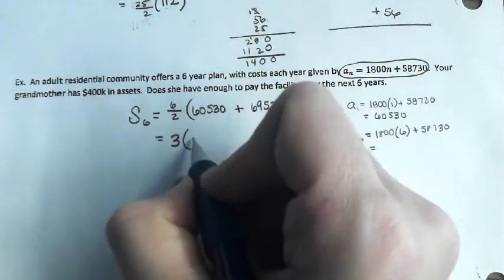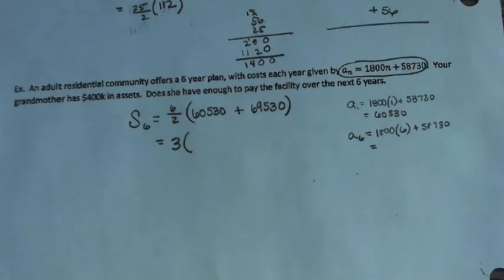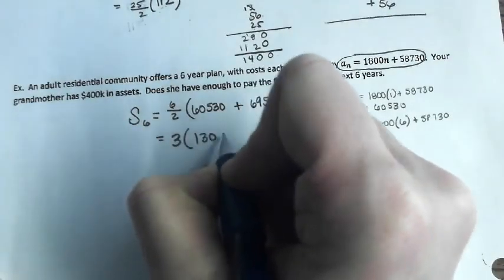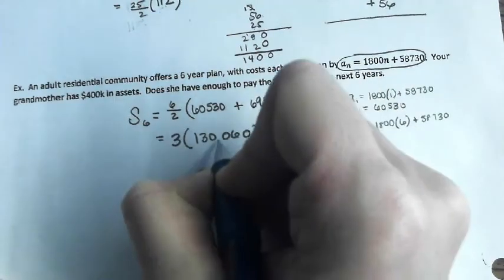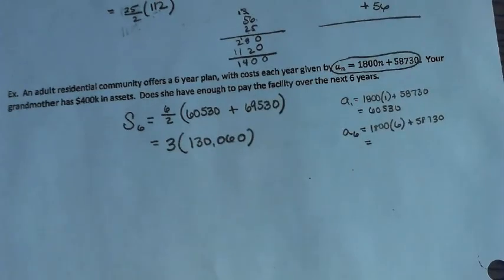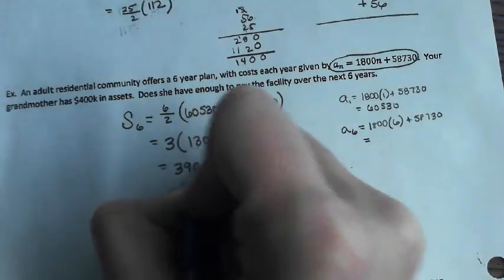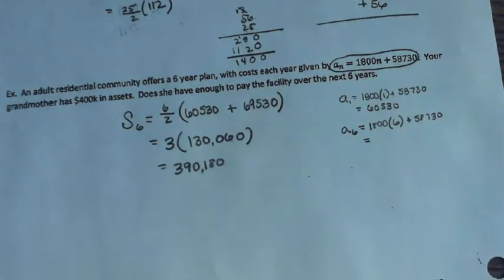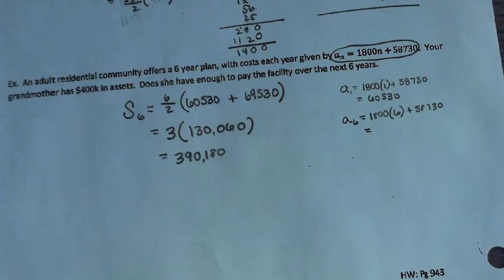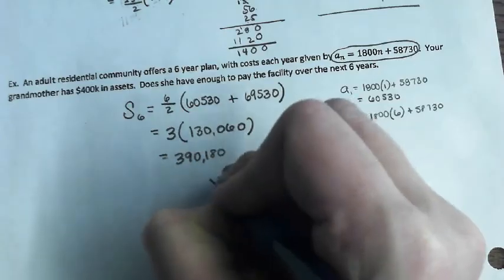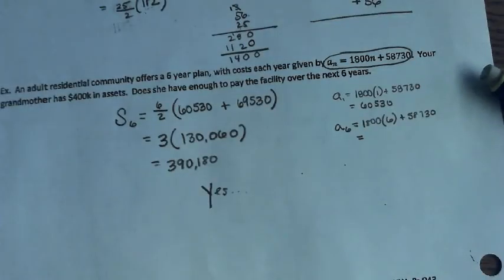Three times whatever that total is, 60,530 plus 69,530, 130,060 times 3. Moment of truth. 390,000 for 6 years. Does she have enough? Yes. She's got 10,000 to spare.